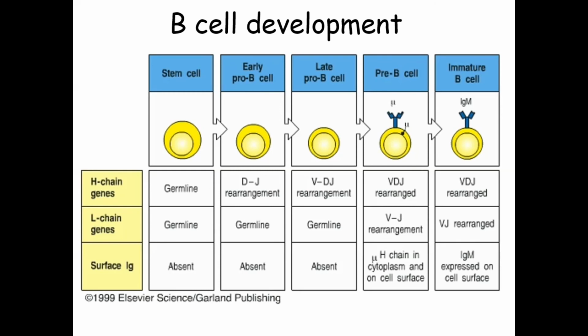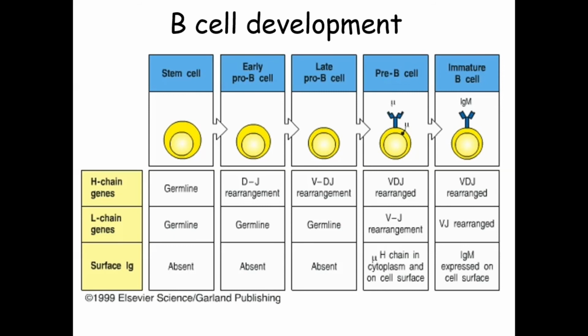So a B cell, like other cells in the blood, starts from stem cells in the bone marrow and moves along the B cell pathway as it first rearranges the variable region of the heavy chain. It's made up of 3 different gene segments, V, D, and J. And this is what gives the variability in the antibody repertoire, because randomly a V is put together with a D and a J, and you have this variable region.